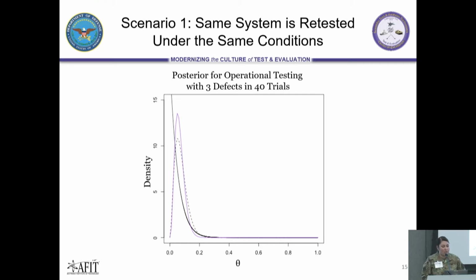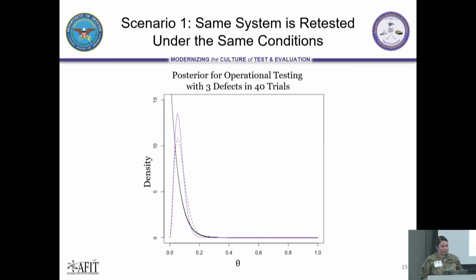And as you notice, because the prior information and the current information are very commensurate, the purple there, which is your posterior distribution, is tighter than if you had just done the likelihood function, which is the dashed line. That's the current data that you collected from your test. And so relative to a frequentist approach, which would look at the dashed line, we can get better standard deviation estimates around our fitted value, which directly translates to we know more about theta because we've used this good previous information.